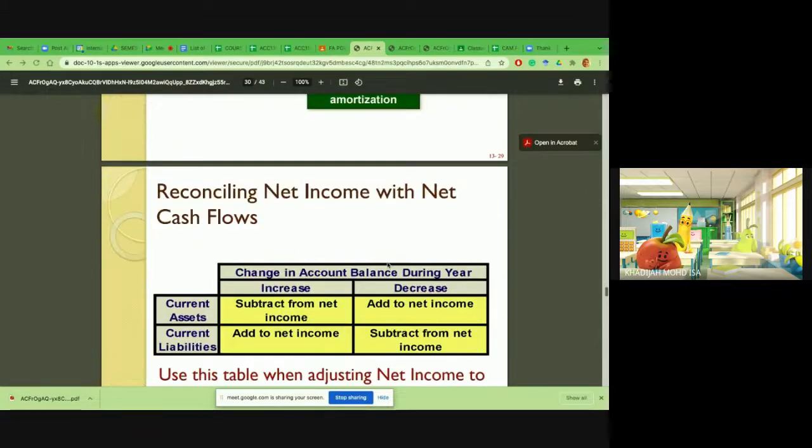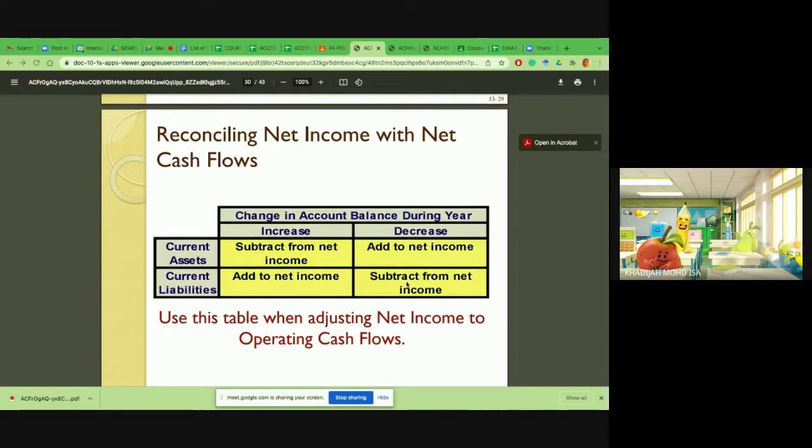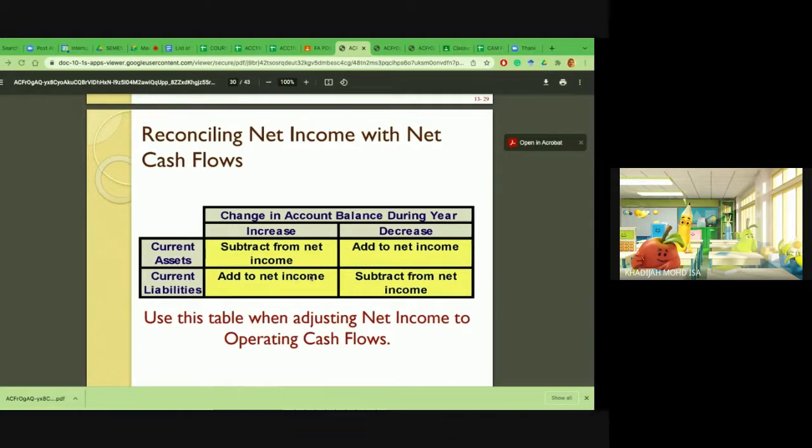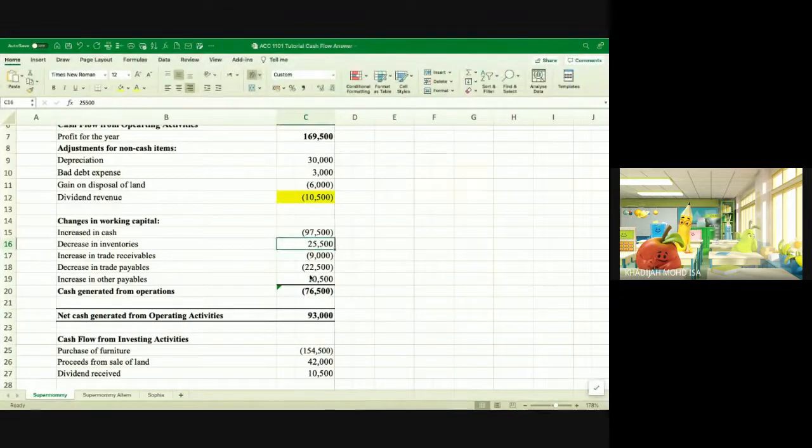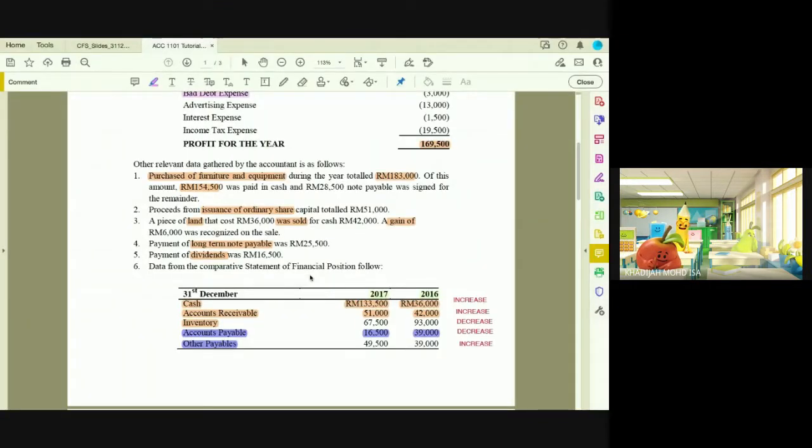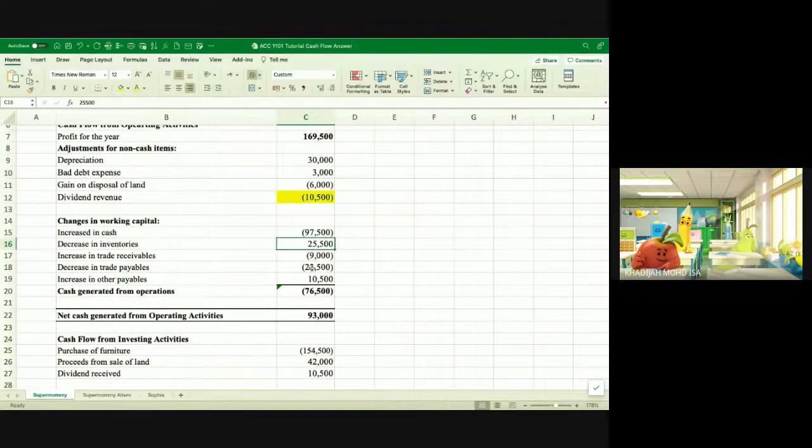Current liability, when there's a decrease, you minus. Betul lah kan? So accounts payable, decrease 22.5, so it should be a minus 22.5.